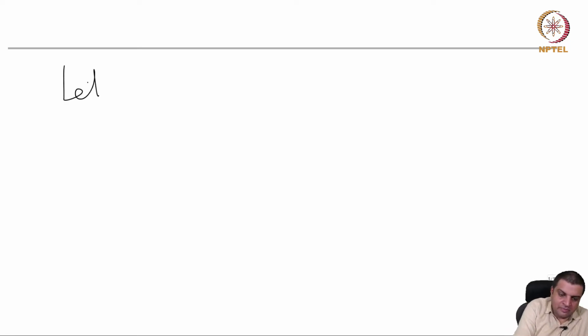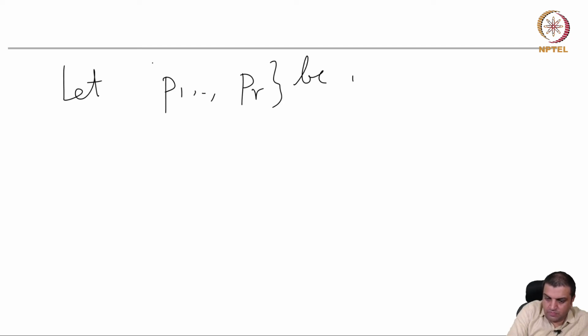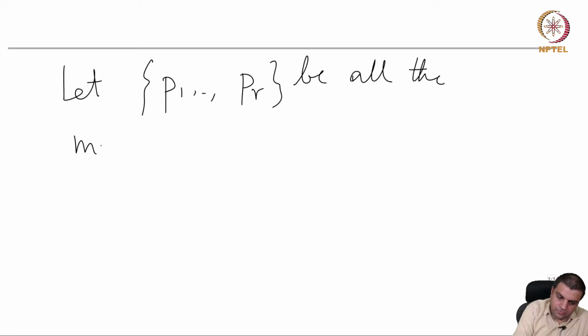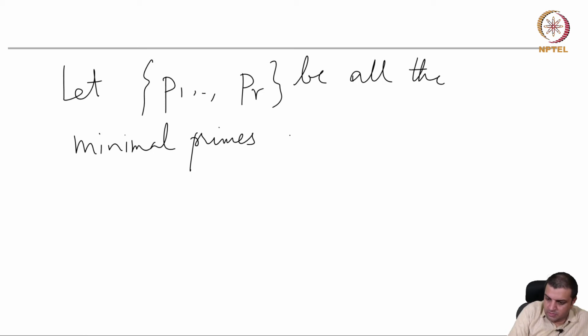So let P1 through Pr be all the minimal primes such that dimension of M equals dimension of R mod Pi.